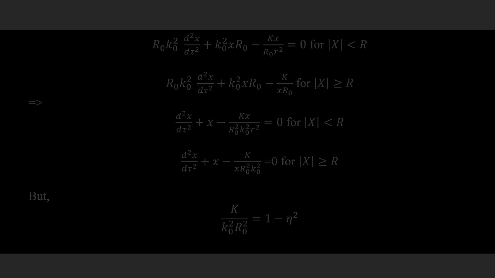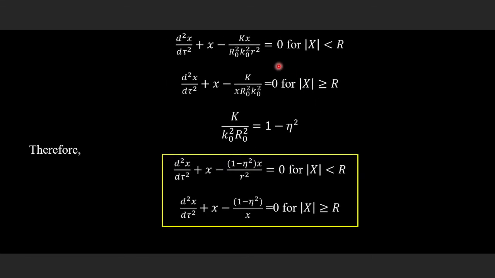Let's see what happens when we make the substitutions. We get d2x over d tau square plus x minus 1 minus eta square x over r square, where we substitute capital K over r naught square k naught square. That's for when the particle is within the core. And we get a similar term, d2x over d tau square plus x minus 1 minus eta square over x is equal to 0 when the particle is outside the core.